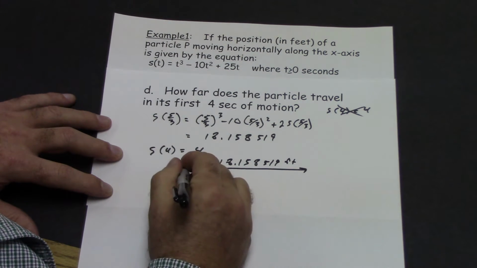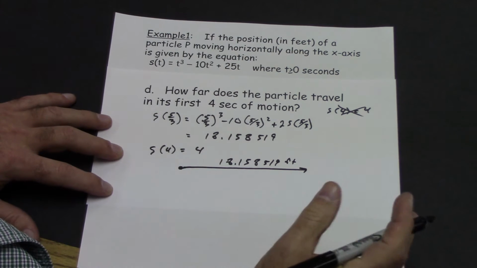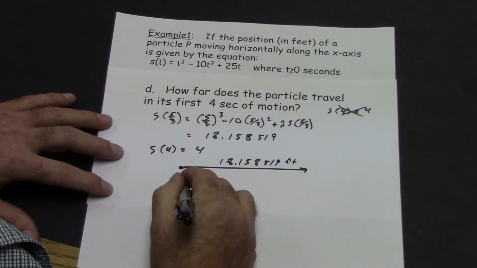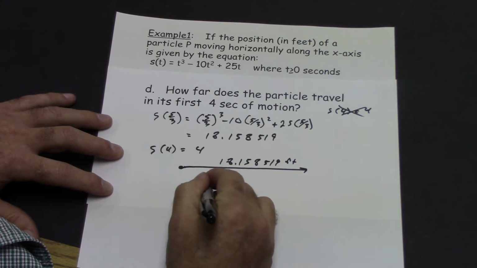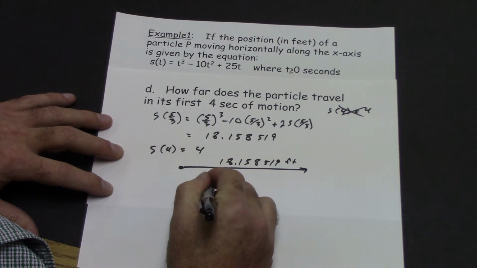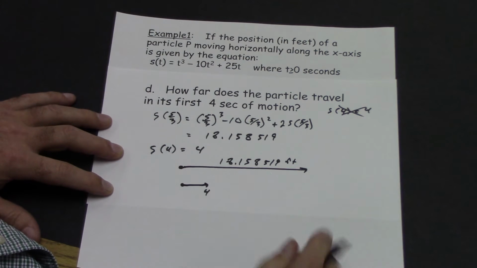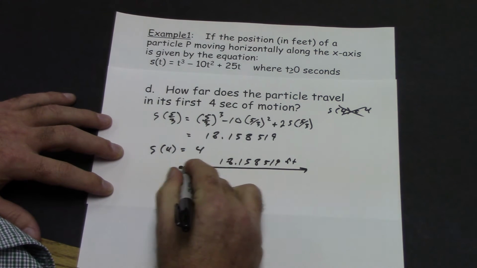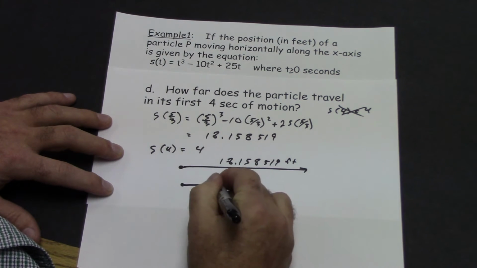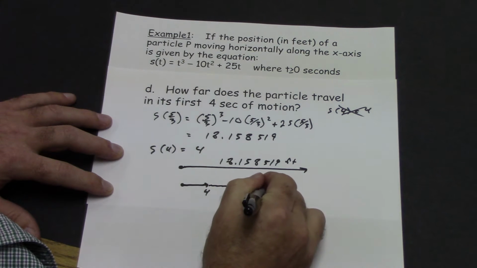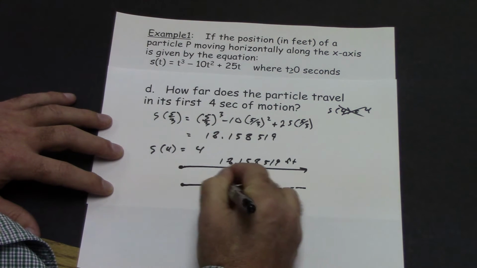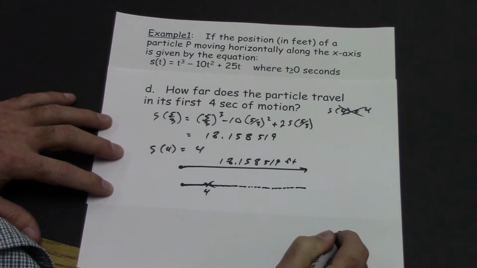Then after 4 seconds, the particle is 4 feet from where it started. So it's gone to the right 18.1 feet, and then it's come back to the left.